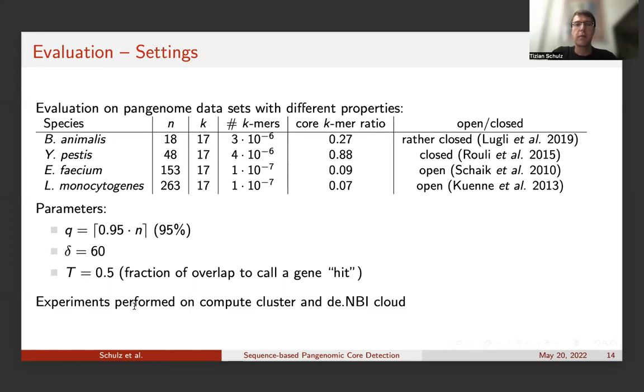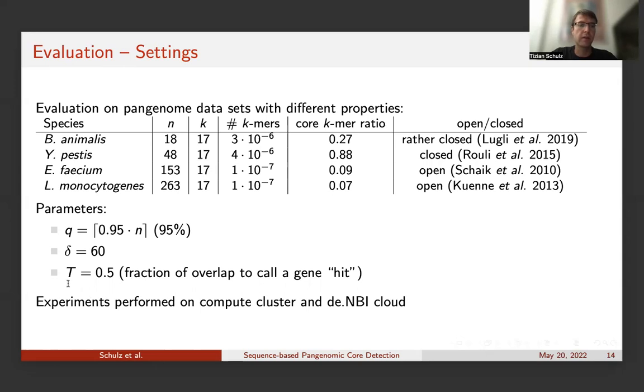The initial data set that we used for the evaluation consisted of 4 prokaryotic pangenomes of different sizes and different levels of sequence diversity. As parameters for our algorithm, we used a quorum of 95% with respect to the size of the pangenomes and a delta of 60.